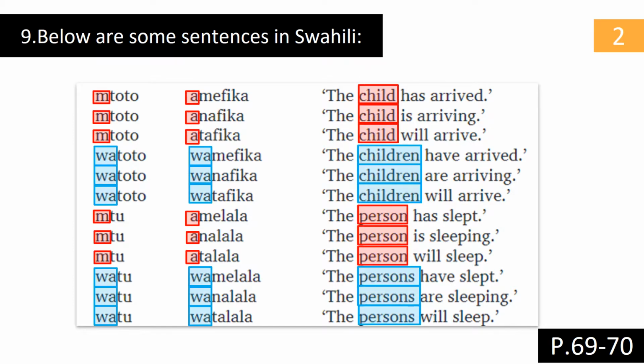For instance, the morpheme toto seems to occur in sentences with the word child in it. Other recurring elements include the prefix for sentences with singular nouns and the morpheme me for sentences in the present perfect tense.